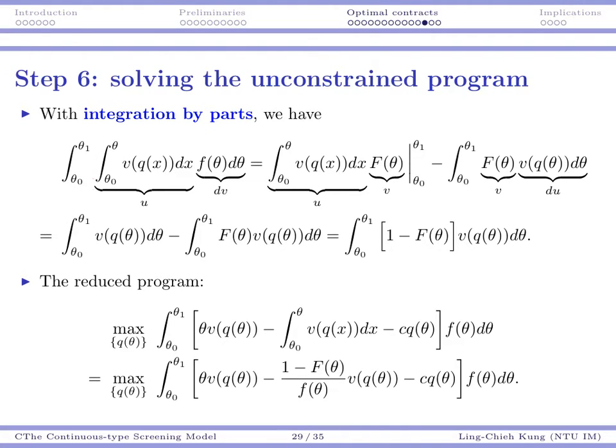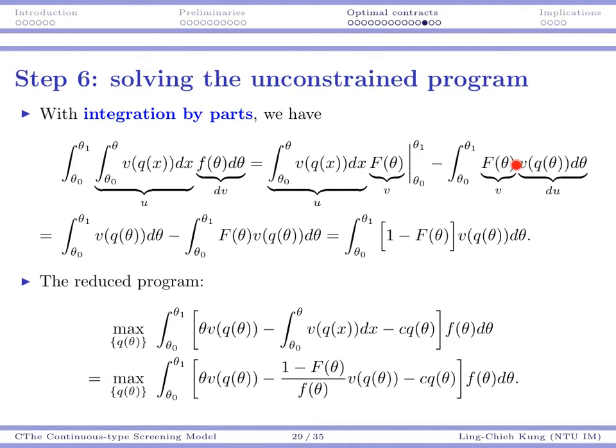So that this part is our u, and f of theta d theta is our dv, and then u goes to here. For dv, we need to find its v, and for small f, its integral is just capital F. So we get this. And then here, we have theta 0 and theta 1 as our lower bound and upper bound, so it's here, and they are here again. And we finally have v du.